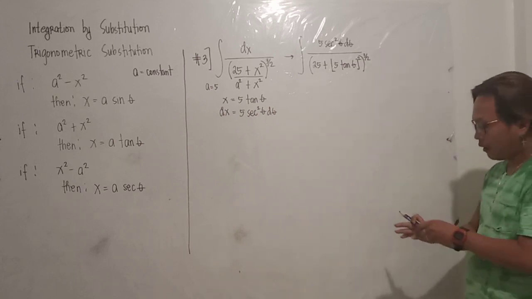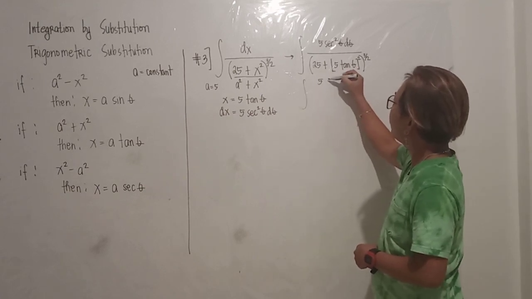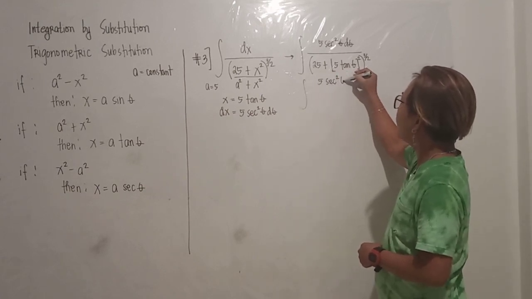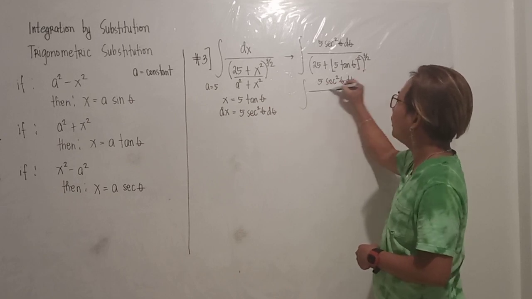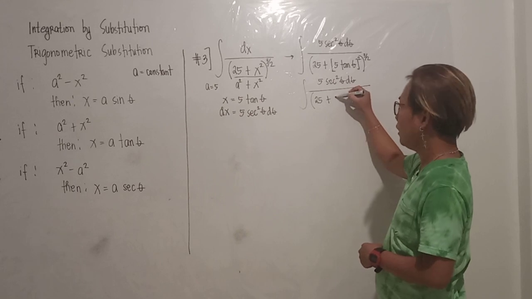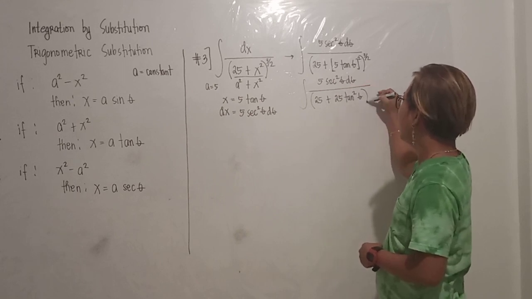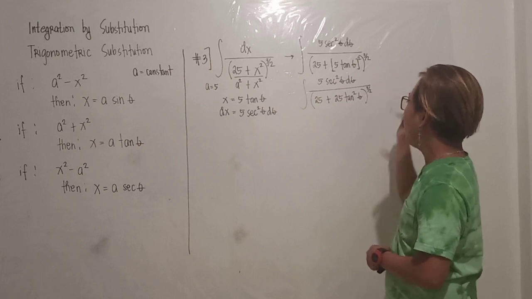So you will now have the integral of 5 secant squared theta d theta all over 25 plus 25 tangent squared theta raised to 3 halves.